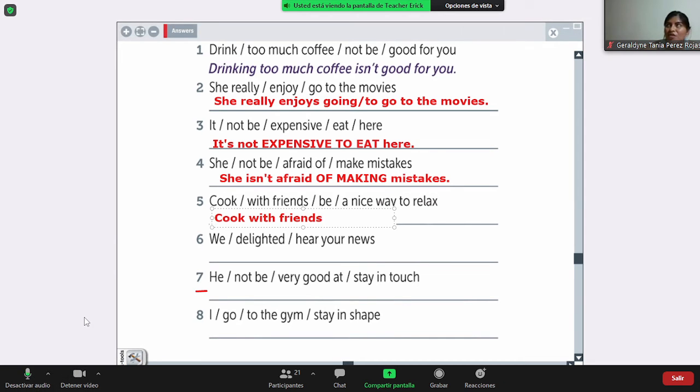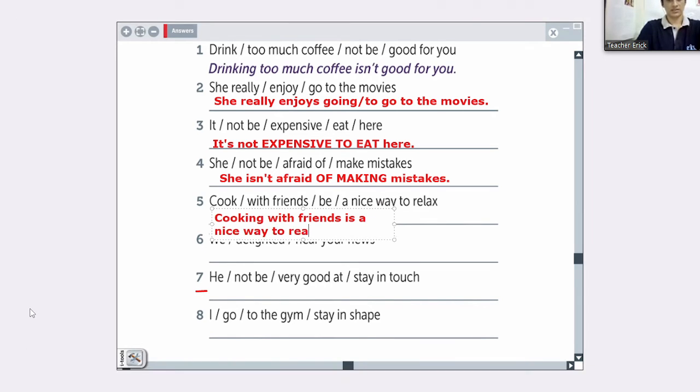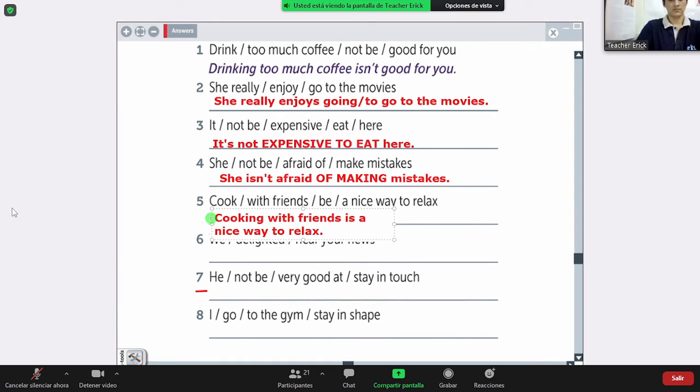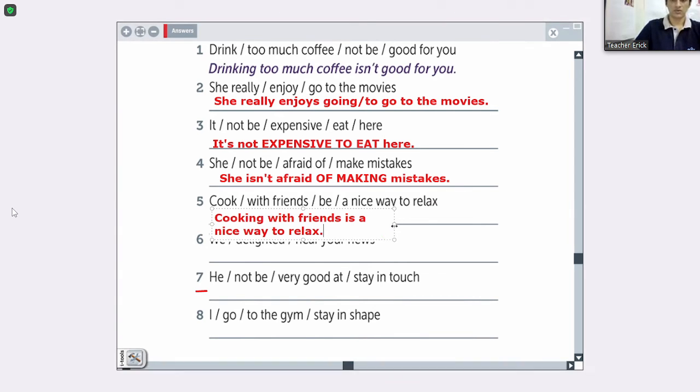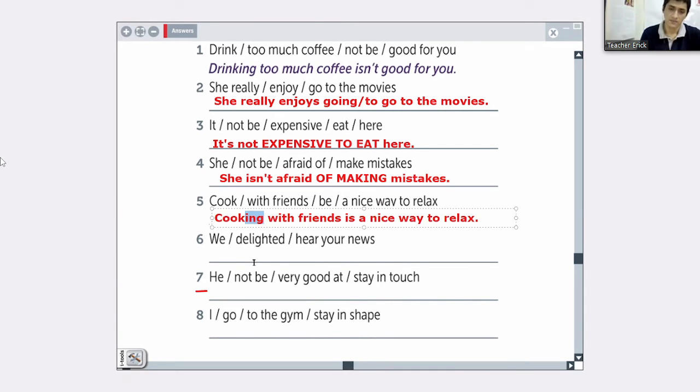Cooking with friends is a nice way to relax. Okay, yep. Ya, dijimos que al principio como sujeto, ING, sí o sí. Porque si ponemos to cook, también le van a entender, pero suena raro.